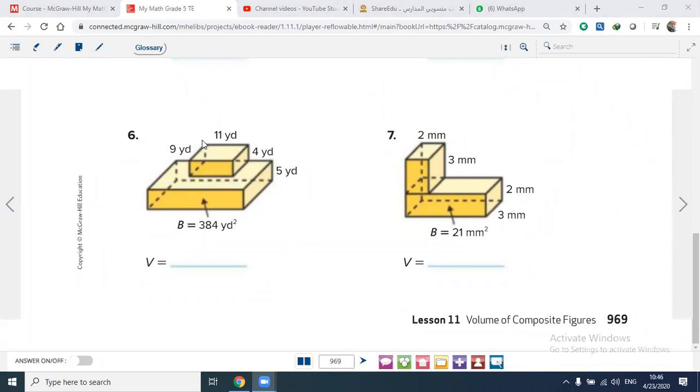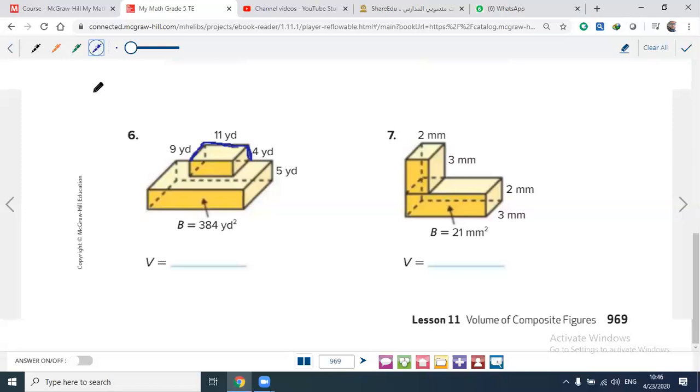The top one has the dimensions 4, 11, and 9. It has a height of 4, the length is 11, and the width is 9.